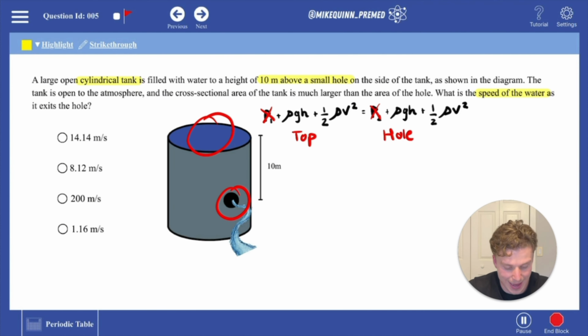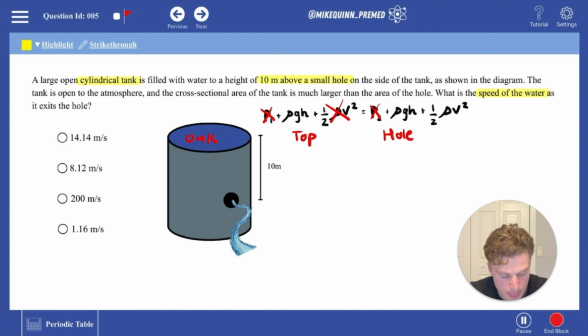The next thing we can cancel out: we have the water sitting at the top of the tank, and the velocity at the top of the tank, compared to the water shooting pretty fast out of the hole, is 0. So we're going to call this 0 meters per second, and that way we can cancel out this entire term, because if we make the velocity 0, it doesn't matter what the other terms are, it's going to be 0 when we multiply.